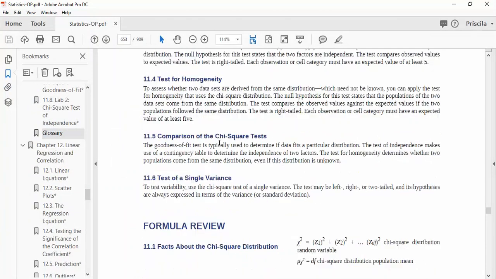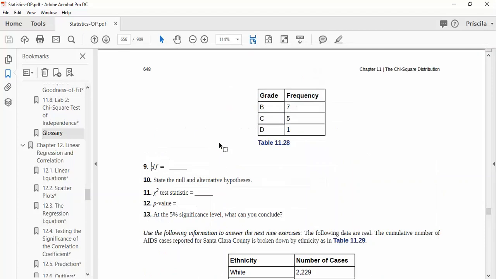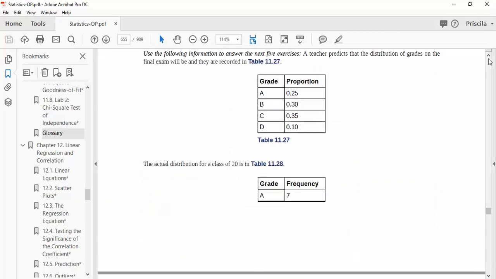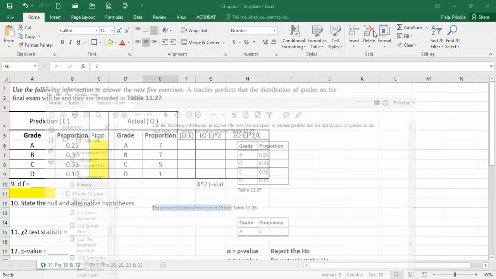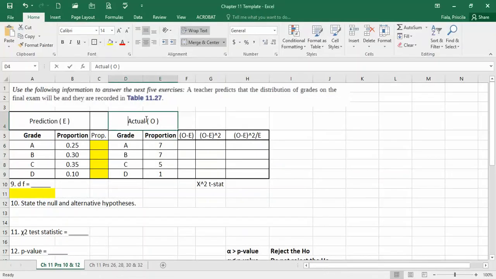Where is it? 10 and 12, correct? Right here. I should have put the rest of the problem. Right here, the actual distribution for a class of 20. So this is an actual distribution for a class of 20.